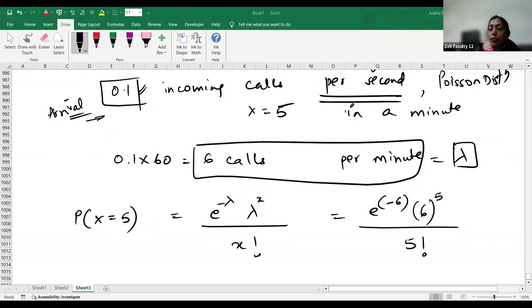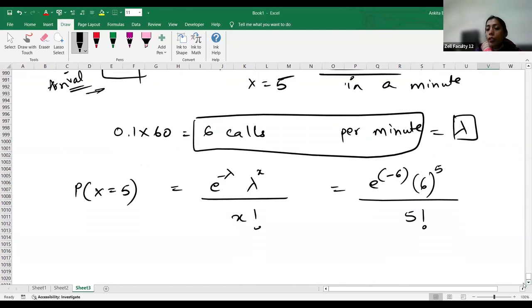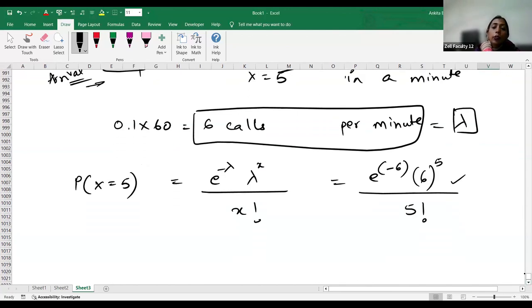So how do I find this on my calculator? You know that 6 to the power 5 can be found using y to the power x. How do you find 5 factorial? On your calculator, you have a function known as n factorial, which you can see above the multiplication sign.